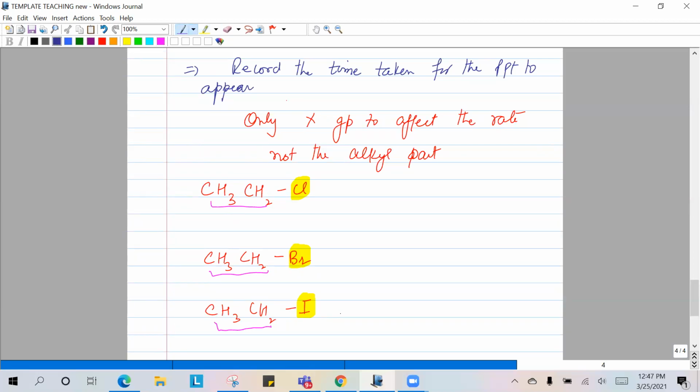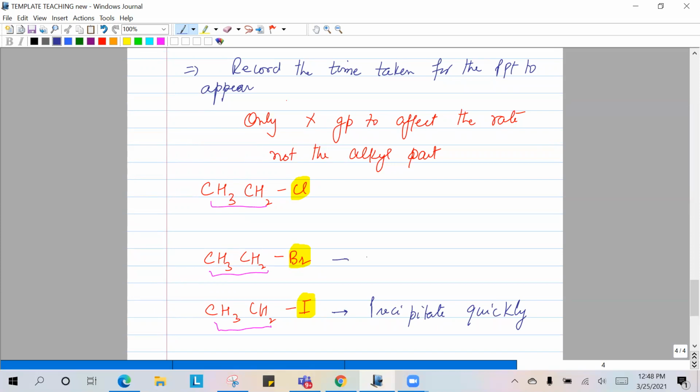That will decide the time difference for the precipitate to appear. In case of iodo, the precipitate appears quickly. How will the precipitate appear? NaOH, water, ethanol, warm, add dilute nitric acid followed by AgNO3. The precipitate will appear. This will be instant. The moment you add silver nitrate, you will get the precipitate.